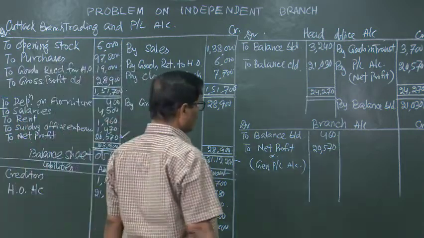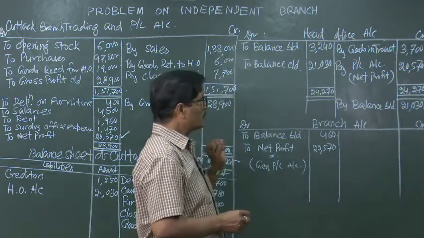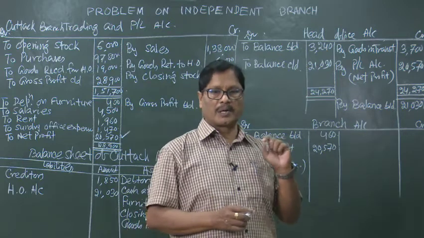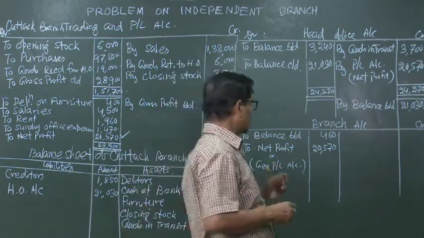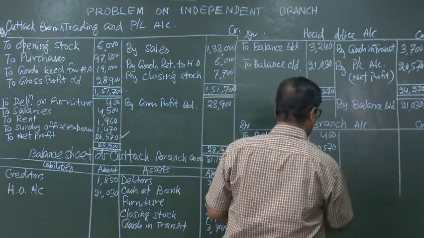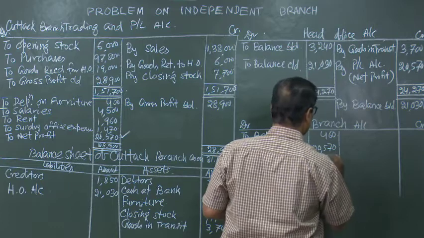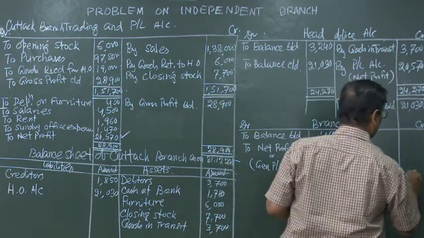Now, coming to this one, let us close the branch account in the books of the head office and see whether the balance is coming to be the same or not. It should be the same, but in the opposite direction. Let us see whether it is coming or not. The total comes to 21,030.